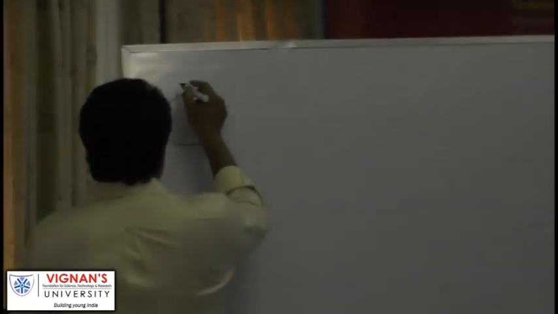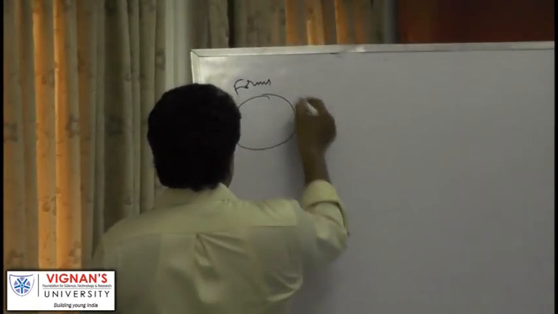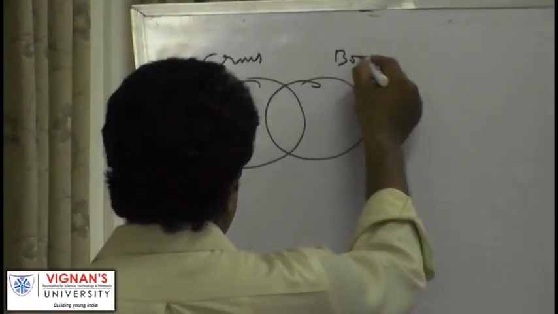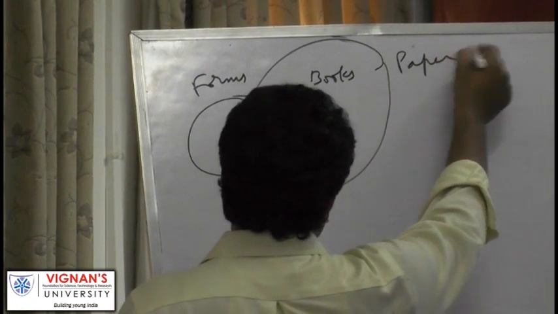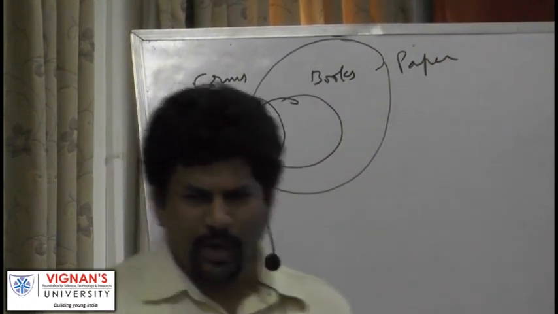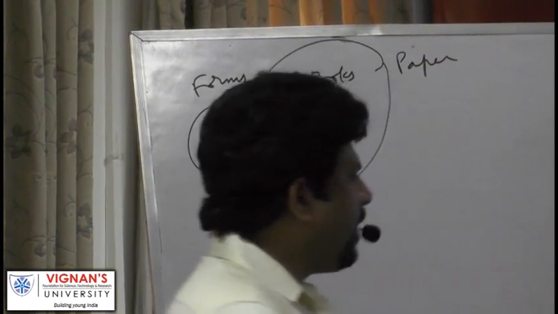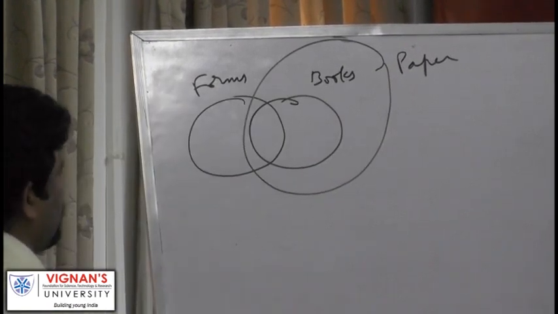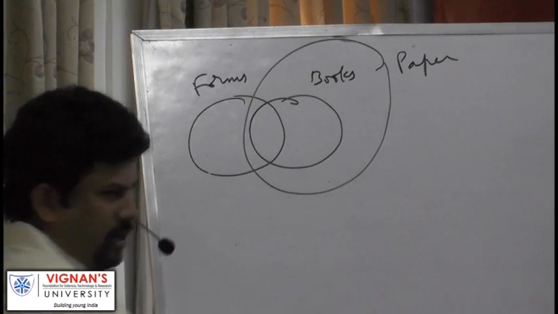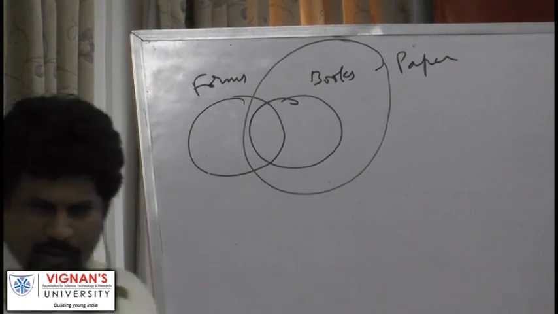Some forms are books. All books are made of paper. Now what is it? Some forms are made of paper. Some forms are made of paper. In the basic diagram, it is true.